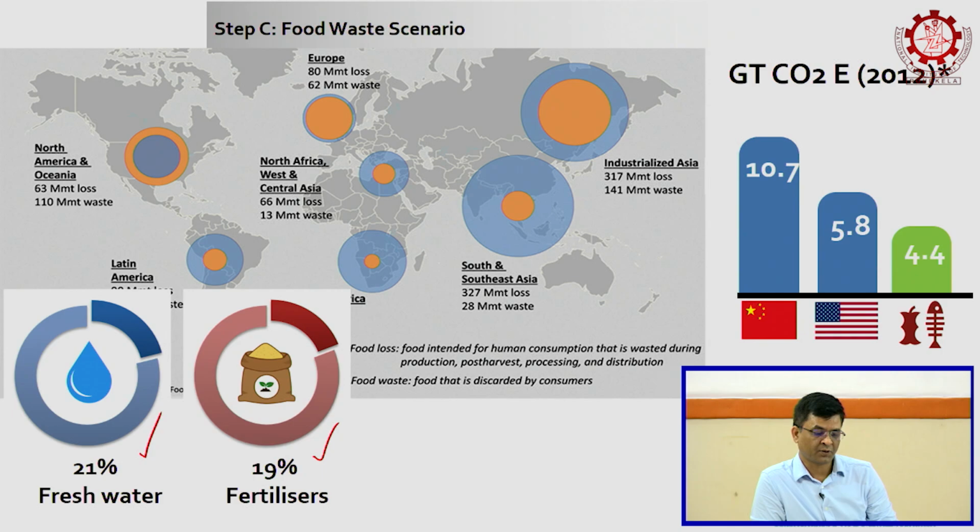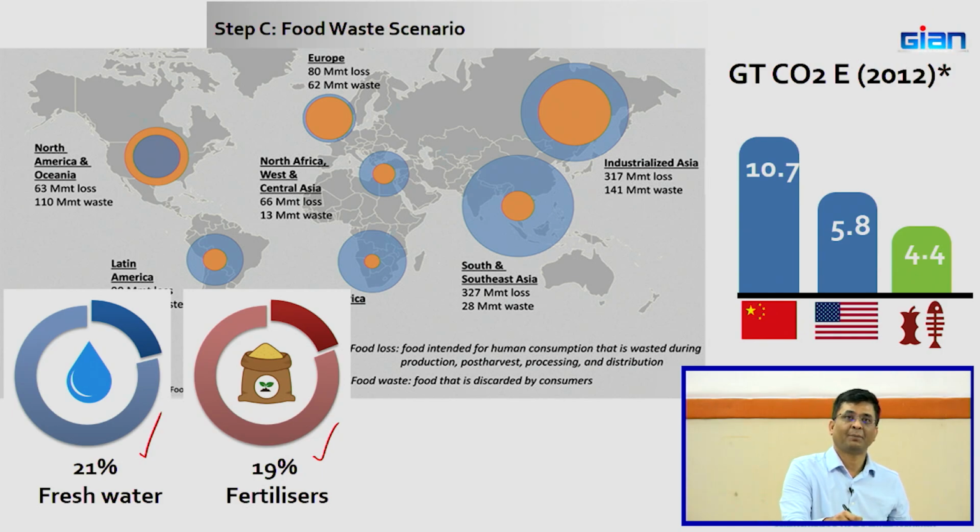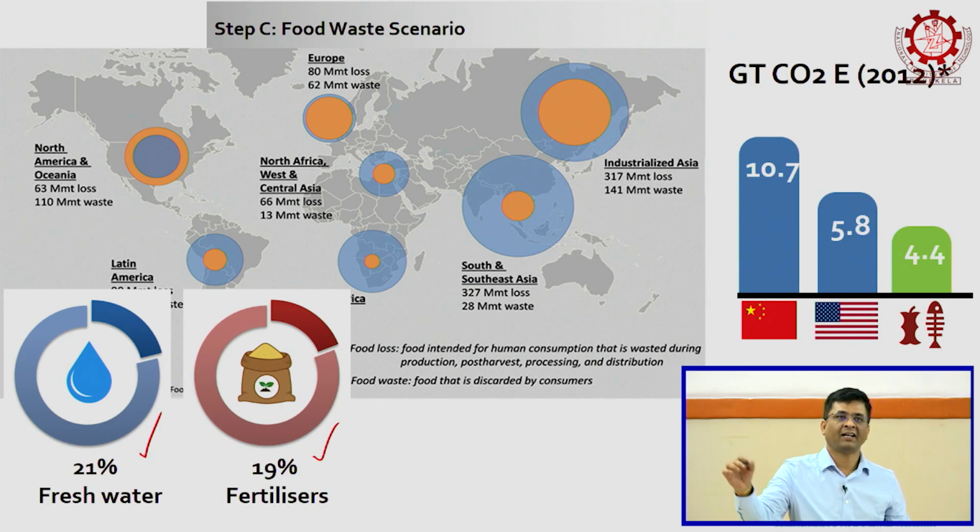All those things are calculated. Fertilizer, how come? Very simple. That much amount of fertilizer was used to produce that food product. Suppose 100 kg of food needs 1 kg of fertilizer. Out of that, if 20% is lost, that means 200 gram of fertilizer is also gone as waste. Yeah. Make sense?